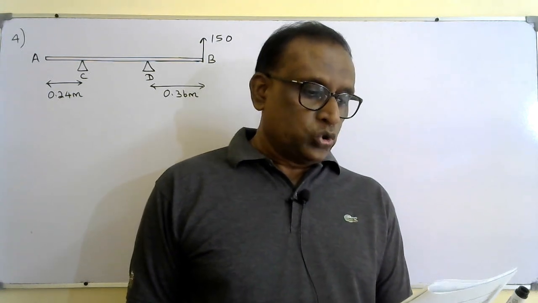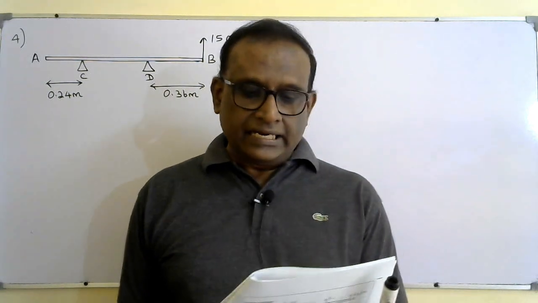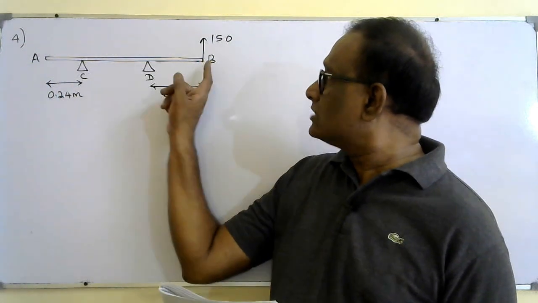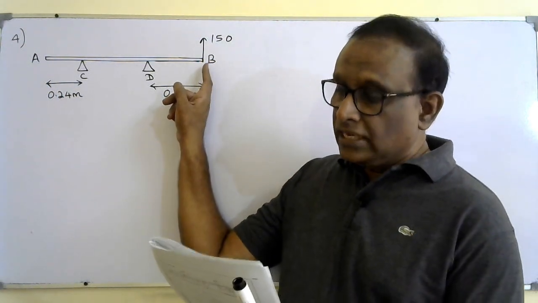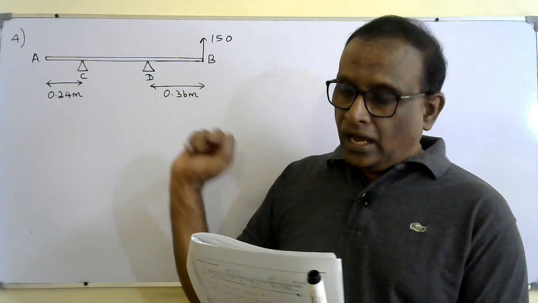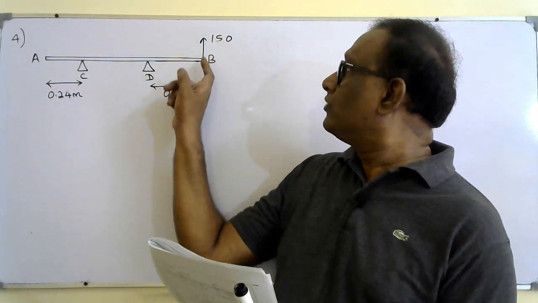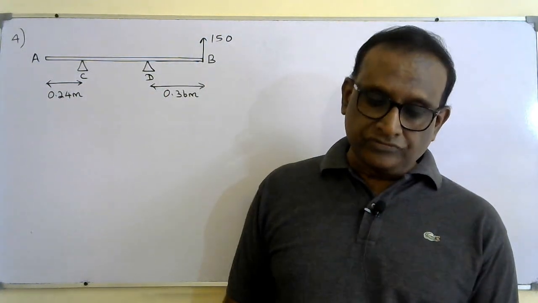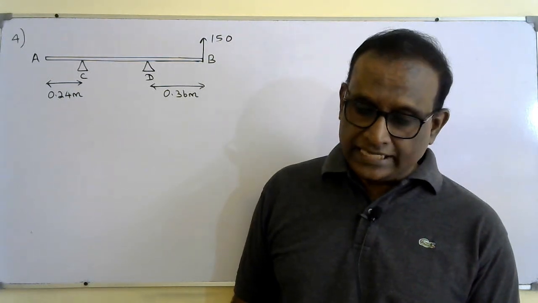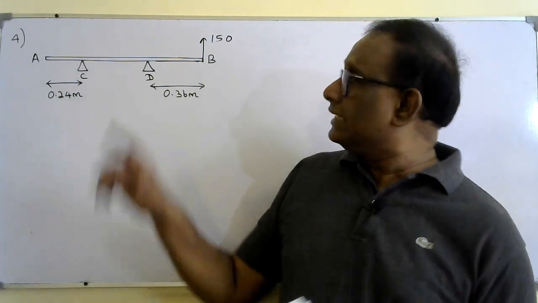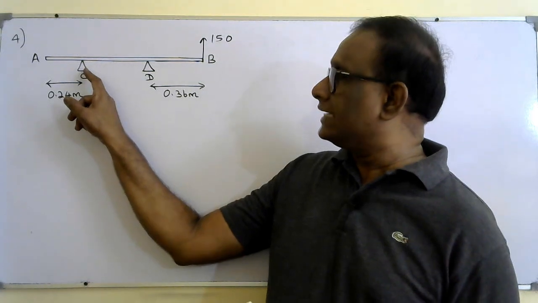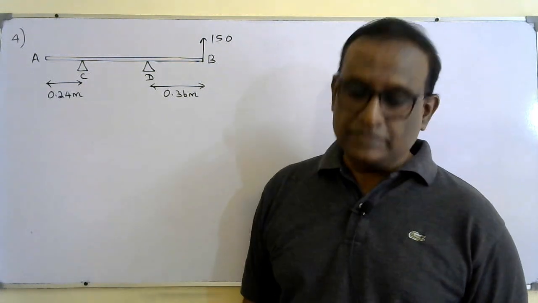When a force of 225 Newton is applied vertically downwards at B, so after removing this 150, you are applying a force of 225 downwards at B. It's on the point of tilting about D, so it loses contact at C. The normal reaction at C becomes 0.